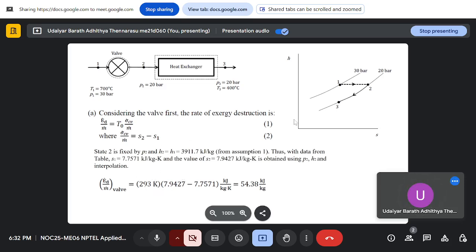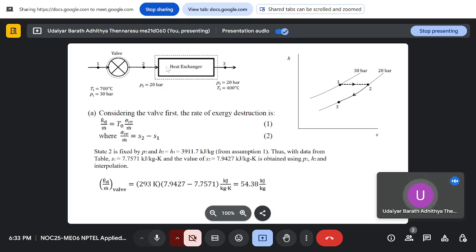So 293 times the specific entropy change, 7.9427 minus 7.7571, gives me 54.38 kilojoule per kg. So that's the exergy destroyed across the valve, which is 54.38 kilojoule per kg.